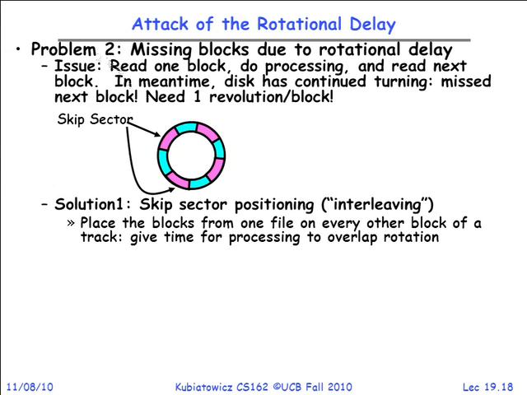Question? Why is that necessary given the inode structure? It seems like you always know in advance pretty much. Well, the real answer is that suppose you're reading from a file. You do a read system call, you go to the operating system, it pulls a block off the disk, returns the data to you, and you make another read system call. By the time you go back and forth in that path, the disk has passed you by.